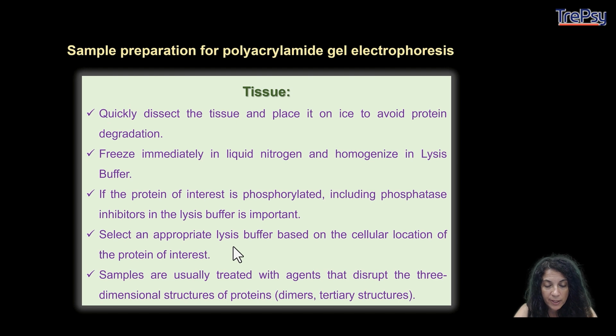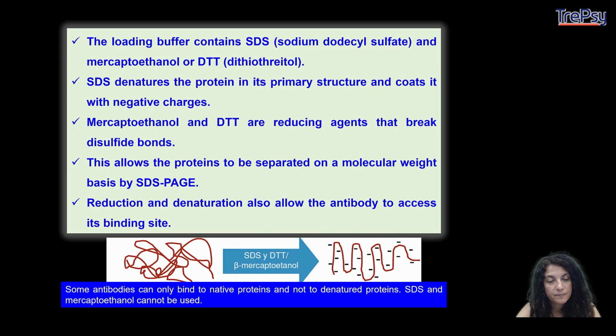Samples are usually treated with agents that disrupt the three-dimensional structure of proteins: dimers, tertiary structure, etc. The loading buffer contains SDS, sodium dodecyl sulfate, and mercaptoethanol or DTT, dithiothreitol, because the SDS denatures the protein in its primary structure and coats it with negative charge.